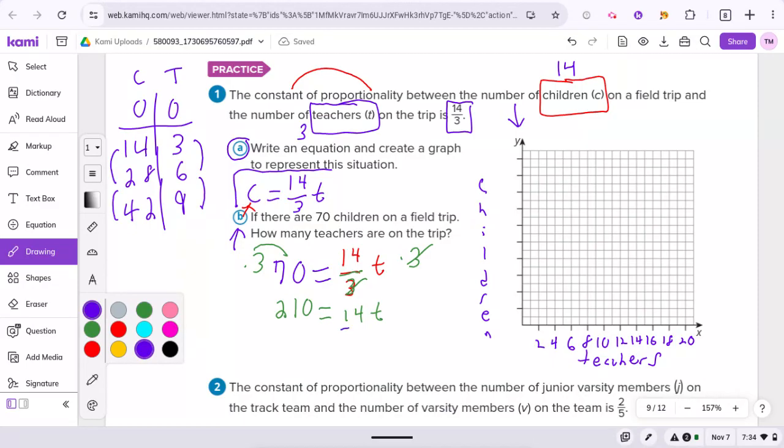And then next you have 14 times t. So divide by 14 on this side, divide by 14 on this side. These 14's cancel. You're left with t equaling, and 210 divided by 14 is 15. So that would give you the answer to letter B.